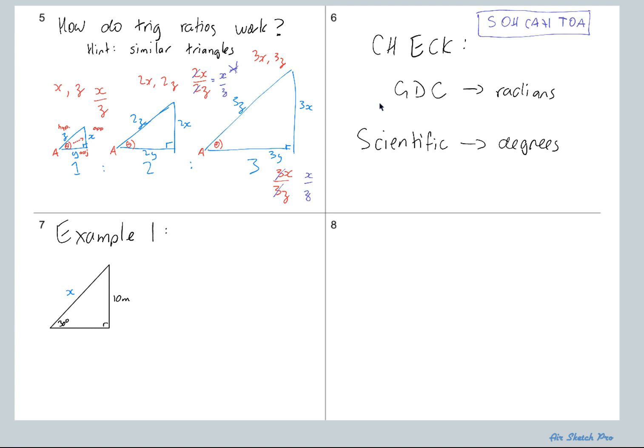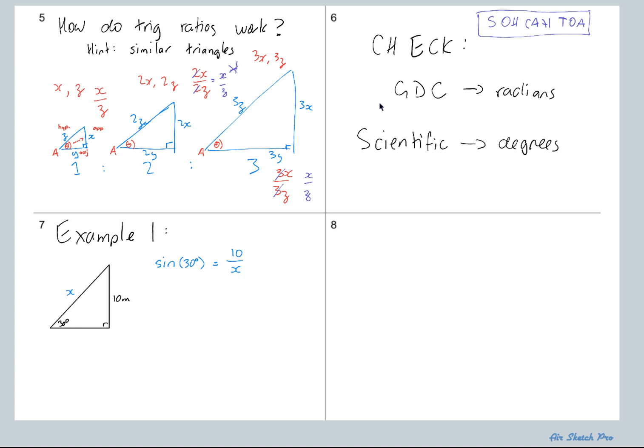I remind myself that if this is where I'm standing with the angle, then opposite would be this one and hypotenuse is here. So the one that deals with opposite is SOH. So personally, I would start with the sine of 30 degrees is equal to opposite over hypotenuse.